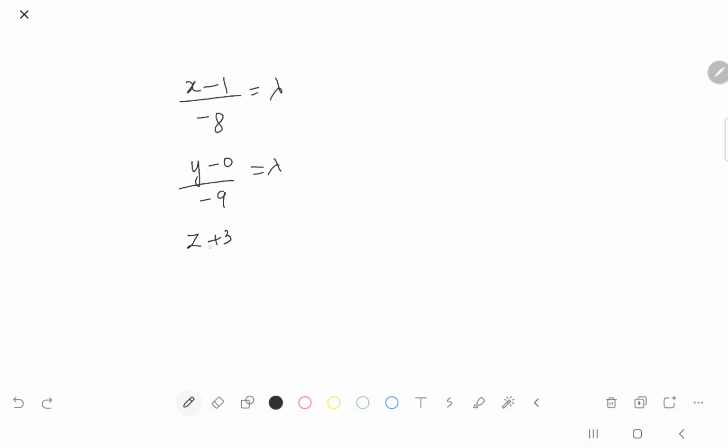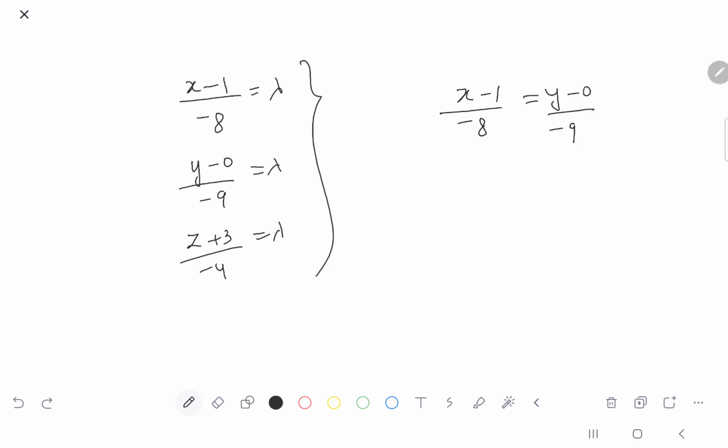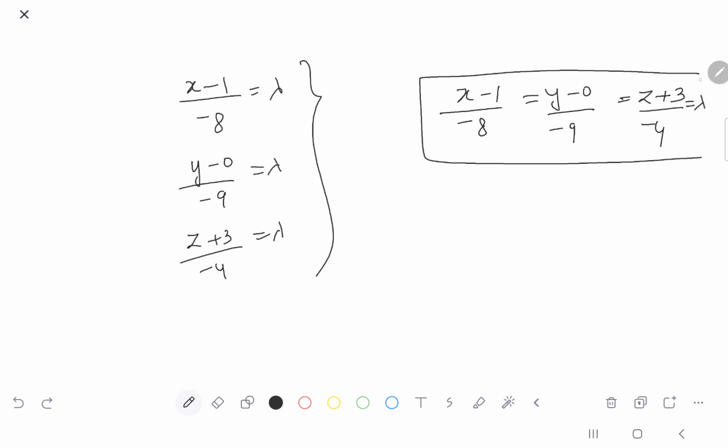Since all these three are lambda, x minus 1 over minus 8 equals y minus 0 over minus 9 equals z plus 3 over minus 4, all equal to lambda. So this is going to be my Cartesian equation. Yes or no? Yes, ma'am. So that's how the equation shall be formed. Very, very simple.